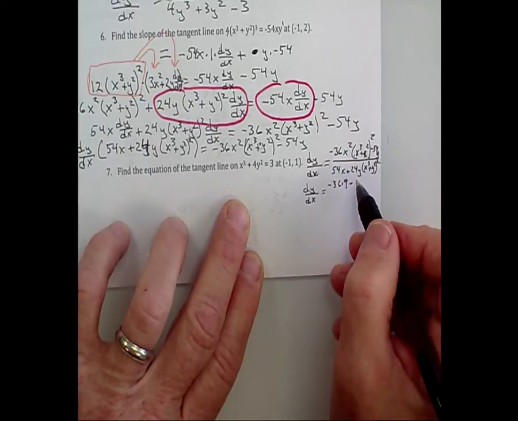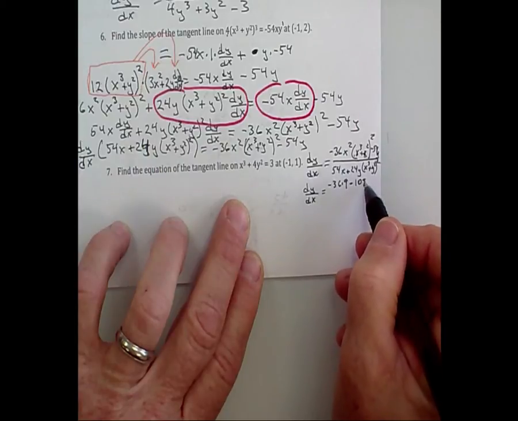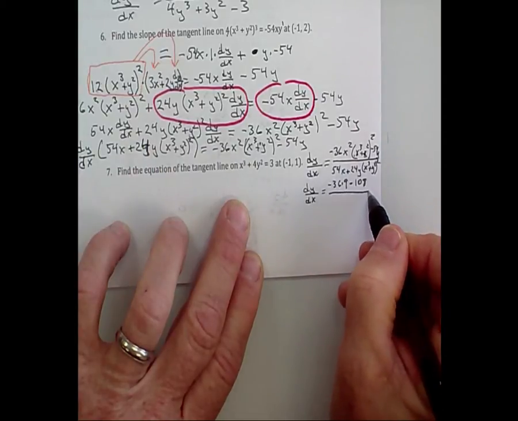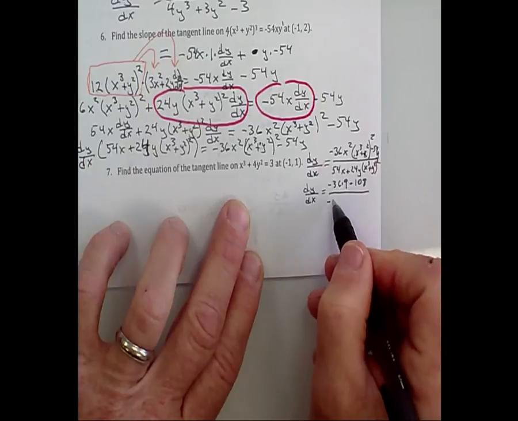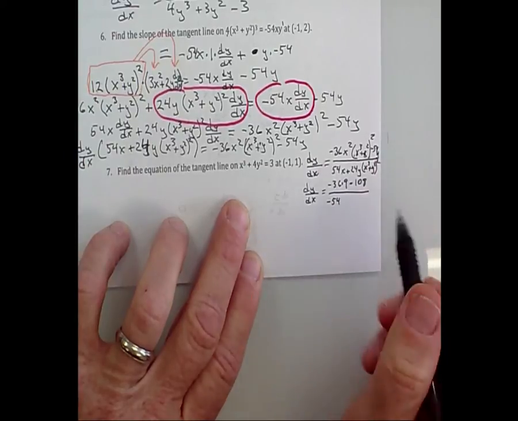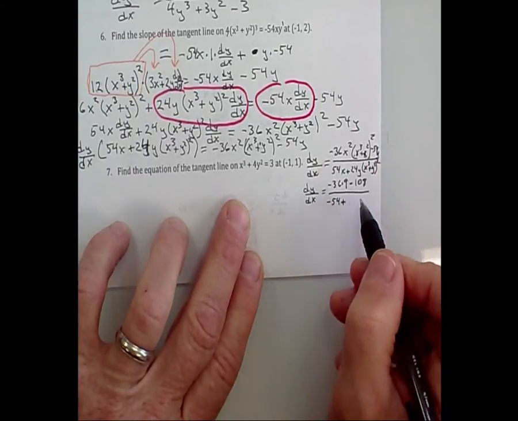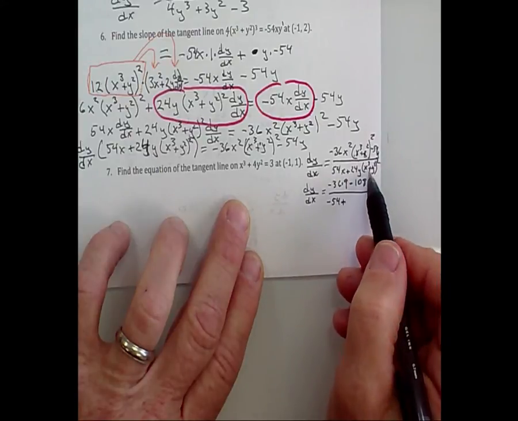What's 54 times 2? 108. So this would be a negative 54 plus, we already figured this out to be 9, right? Correct?